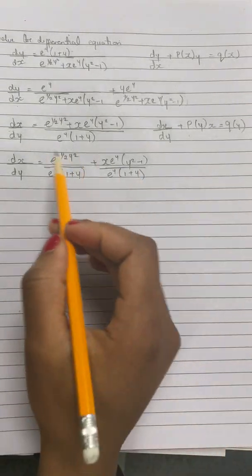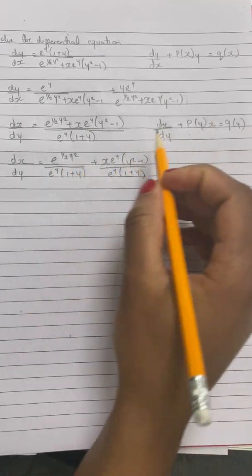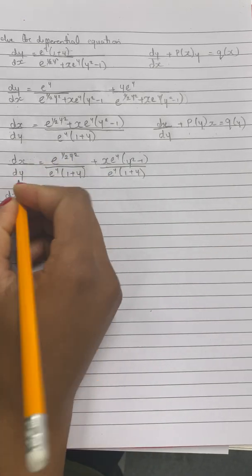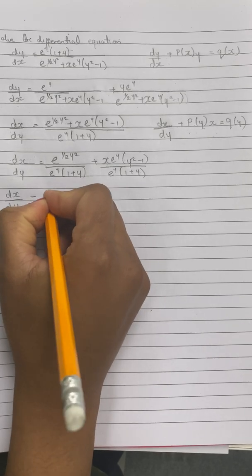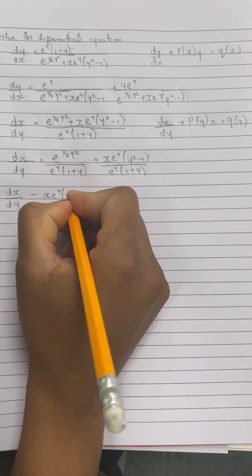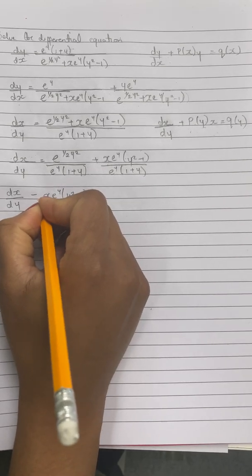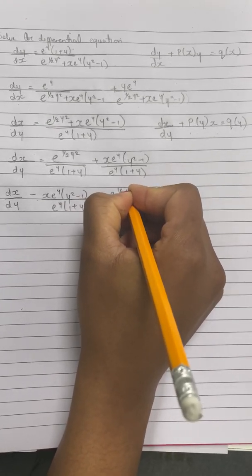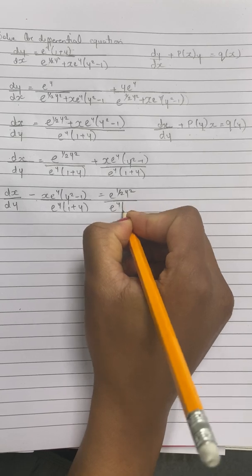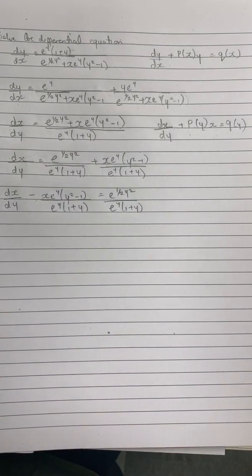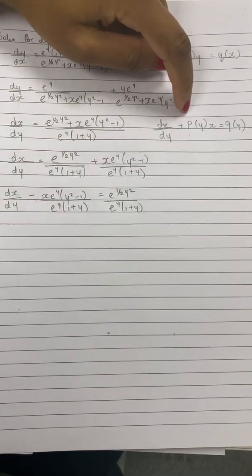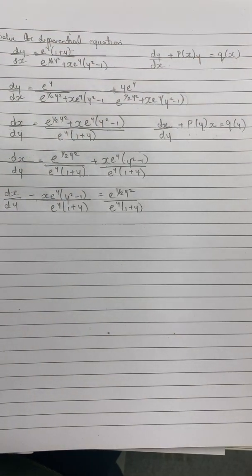To get this into this format, I'm going to bring this onto the left-hand side, and it becomes dx divided by dy minus x times e to the power of y times (y squared minus 1) divided by e to the power of y times (1 plus y) is equal to e to the power of 1 over 2 y squared divided by e to the power of y times (1 plus y). I hope you can see that we can now get this equation into this format, and now we can solve our linear differential equation.